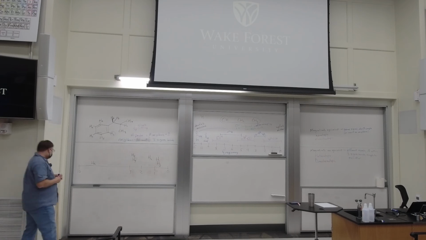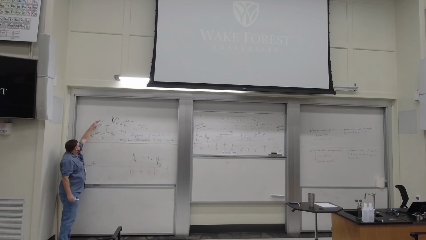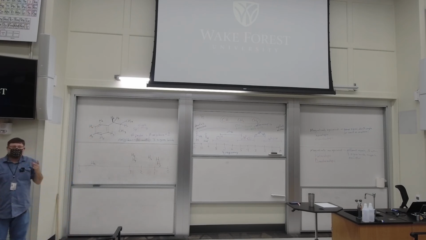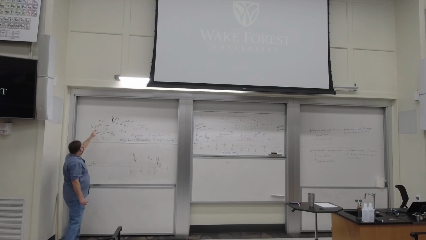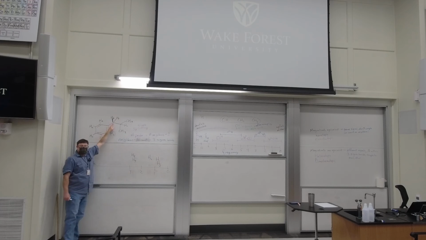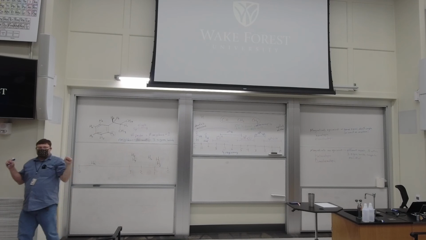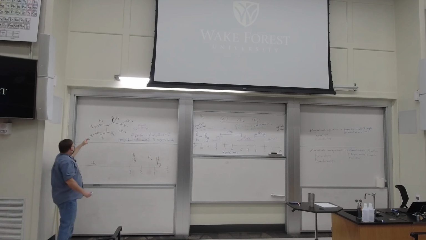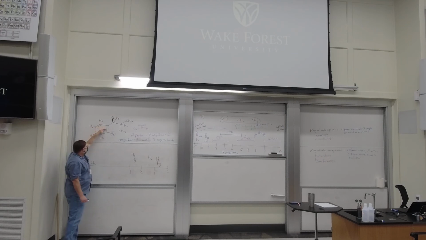All right, so you can count them. So HA is here, 1 sigma bond to the carbon, 1 sigma bond in the double bond, 1 sigma bond there. HA and HB are separated by 3 sigma bonds. So that's 1. 1, 2, 3 gets us to a carbon. The 3 sigma bonds have to separate the protons, not the carbon the protons are on. 1, 2, 3 gets us to a carbon.